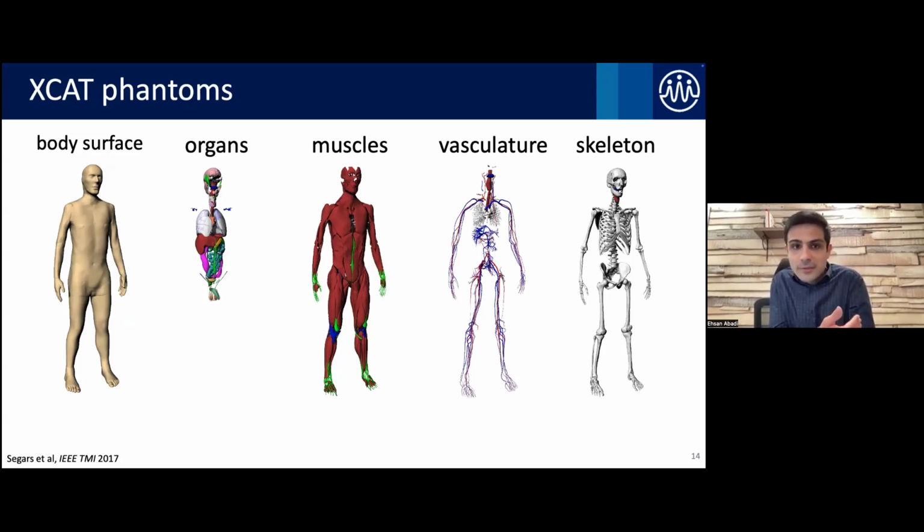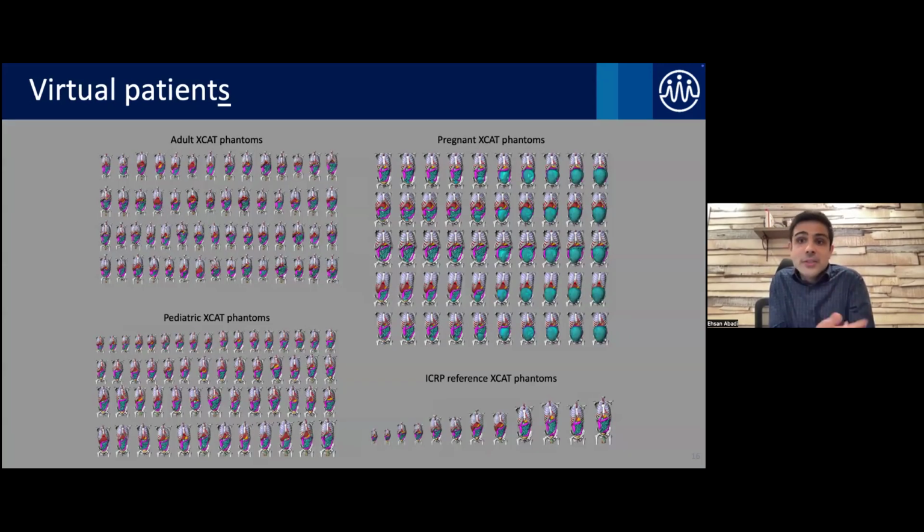They include various organs and highly detailed structures, from muscles to vasculature to the skeleton system. So they create these anatomical models to reflect patients' attributes. We create these off of a large variety of human beings from their CT scans. So with this, we can replicate the heterogeneity and the diversity of what you see in your patient population.